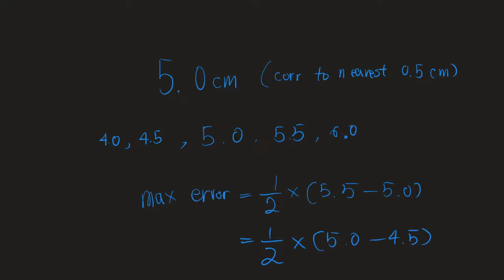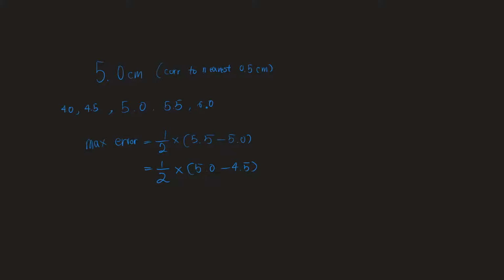But no matter which one you consider, all the time you can see it is just 1/2 times 0.5. And this actually corresponds to this one. That is why in this case the nearest, meaning the maximum interval, so this is 0.25 cm with the unit, this is the maximum error.